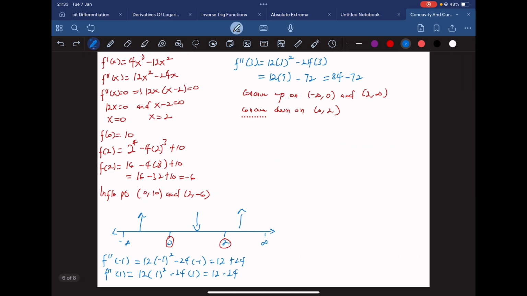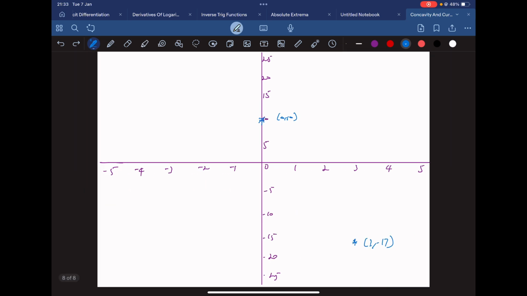Let's look at our inflection points. We have 0, 10 over here, which we've already plotted. We also have 2 and -6. So we have 2 here, -6 will be somewhere here. Okay, so I think these are the points that we need.